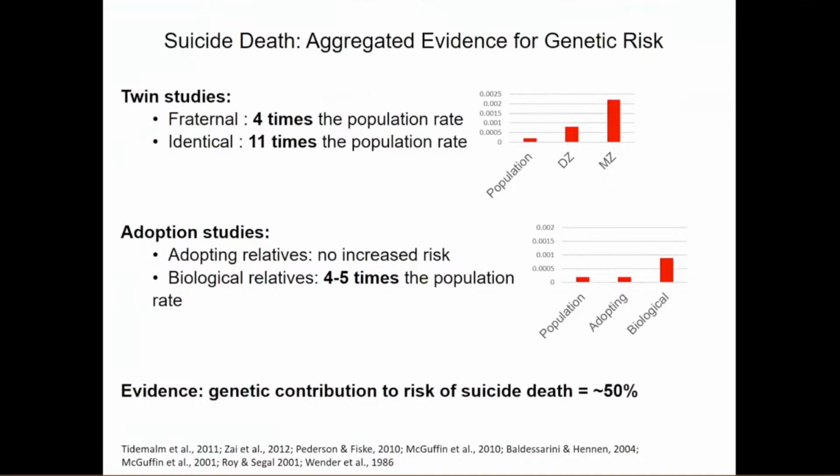We again see evidence that there looks to be a biological contribution to this particular trait. So if you look at the combined literature, it looks like evidence for genetic contribution to suicide deaths of about 50%. It's quite strong.